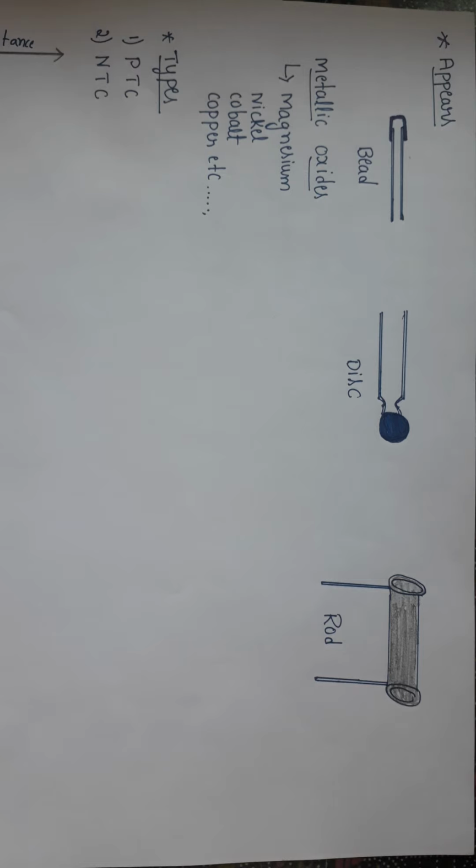Listen here, the process of heating these metal oxides is called sintering, and they are heated to form masses. Those masses lead to the formation of a bead, disc, or rod, whichever we require. For the requirement, we prepare them in different manners using these metal oxides by the sintering process.